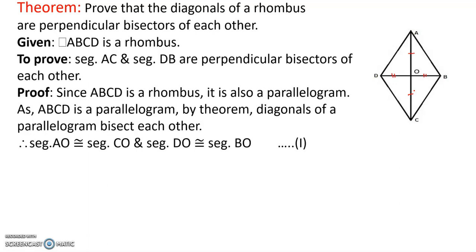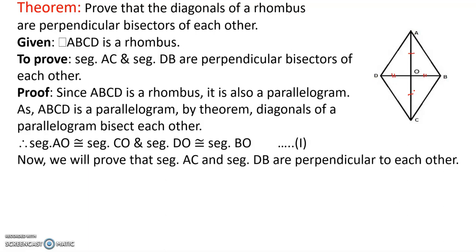Now we want to prove that the diagonals are perpendicular to each other. To prove this, let us consider the two triangles, triangle AOD and triangle AOB. In these two triangles, we will show the two triangles are congruent to each other.